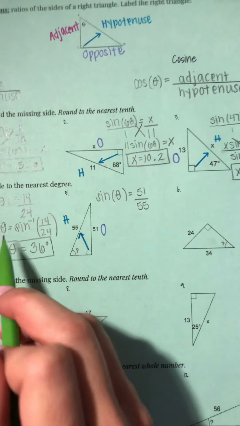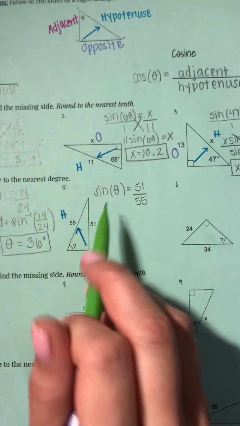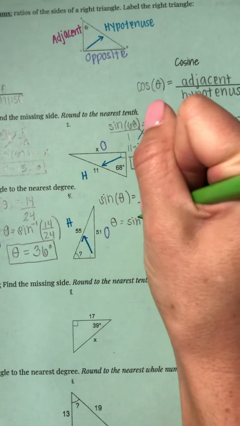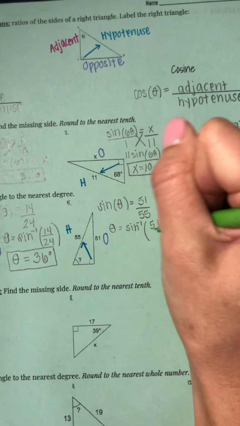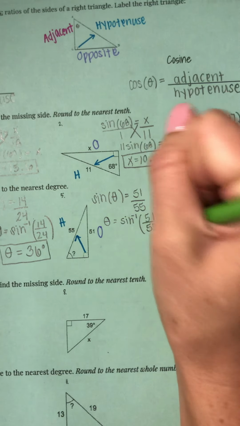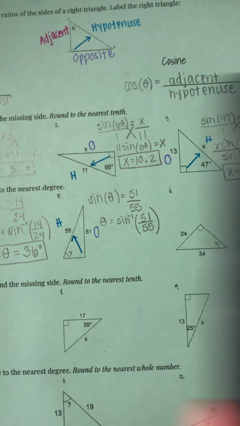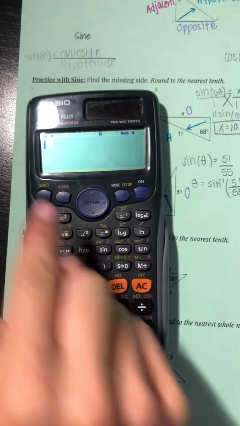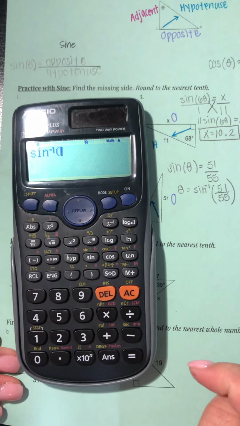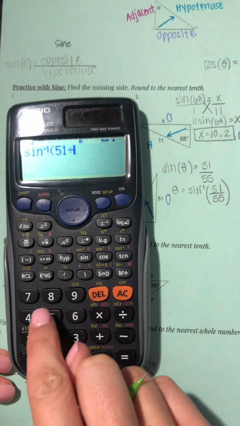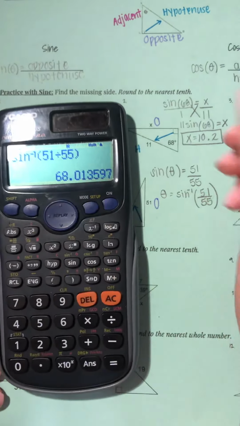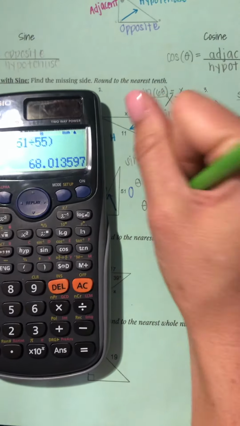And so same thing like before, whenever you're trying to find theta, you need to do the inverse. So sine inverse 51 over 55. And now you can put that in your calculator. So shift sine 51 divided by 55. And so it'd be about 68 degrees.